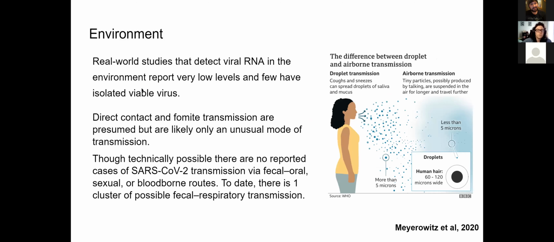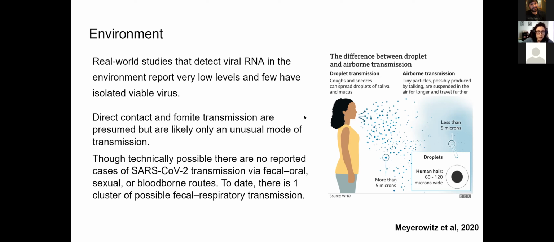So right off the bat, the environment is so important for viral transmission. I mean, trillions is not nearly a high enough number of viral particles, not just COVID, but viral particles all throughout the world. And so it's everywhere.